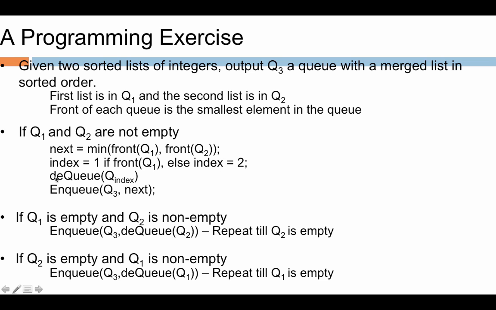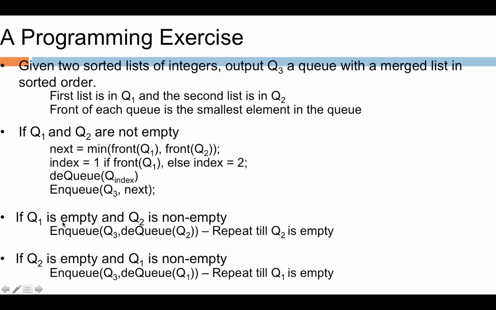This step only finds the minimum by peeking into the two queues. This step keeps track of which queue you peeked into. Then we dequeue the next element from Q1 or Q2 appropriately, and this one inserts that element into Q3.